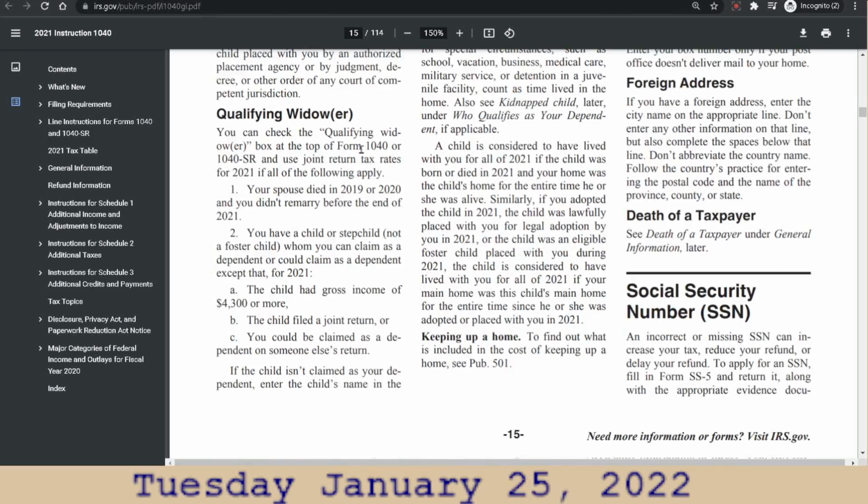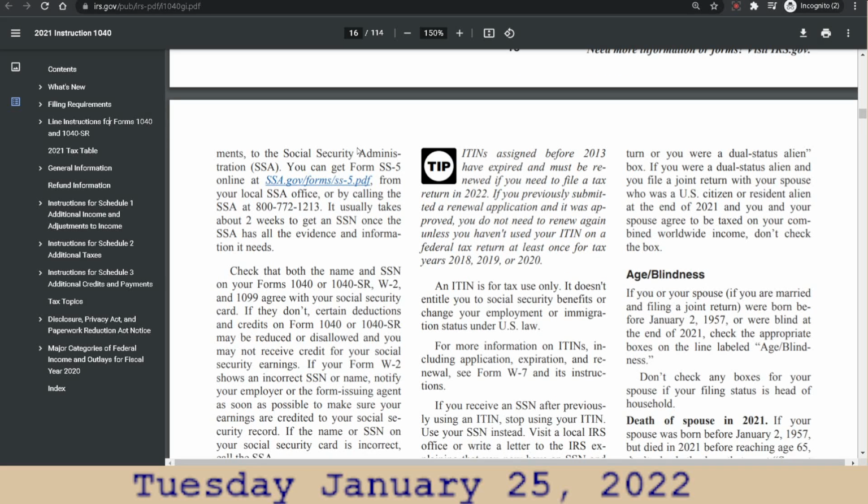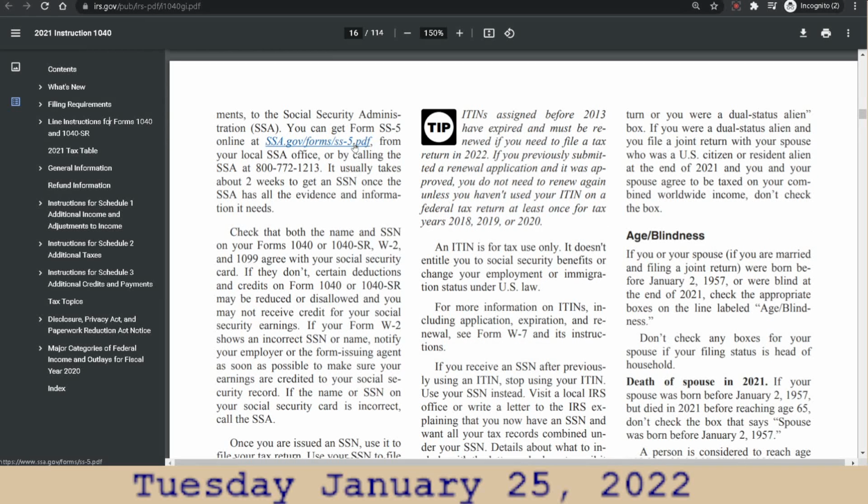Okay, so let's go down the page. We have age and blindness. If you or your spouse, if you are married and filing a joint return, were born before January 2nd, 1957, or were blind at the end of 2021, check the appropriate boxes on the line labeled age blindness.